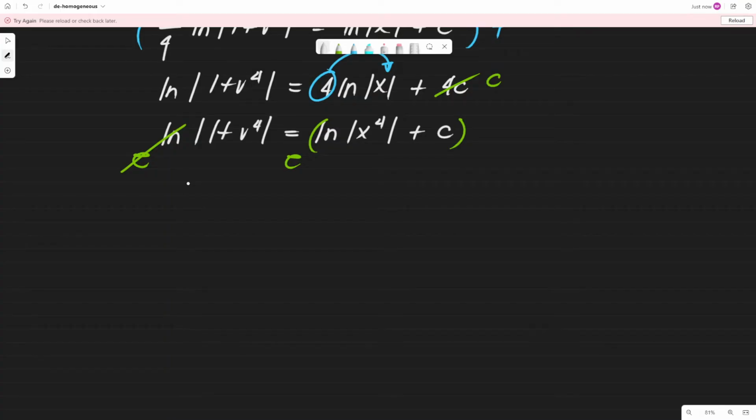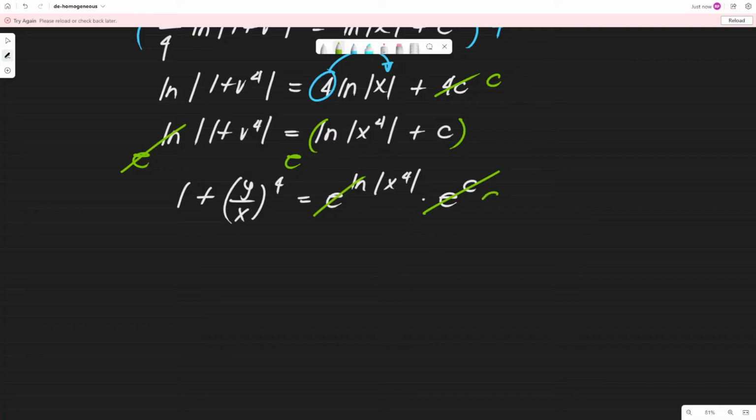So we will have 1 plus y over x to the fourth, since v is equal to y over x, is equal to e raised to ln of x to the fourth times e raised to c. So cancel e raised to ln, and this will just become c. So we will have 1 plus y to the fourth over x to the fourth is equal to cx to the fourth.